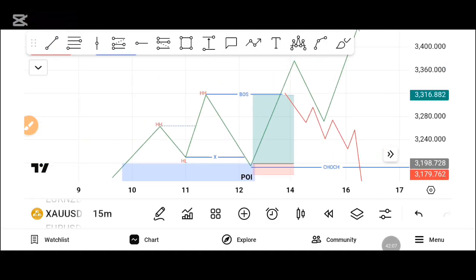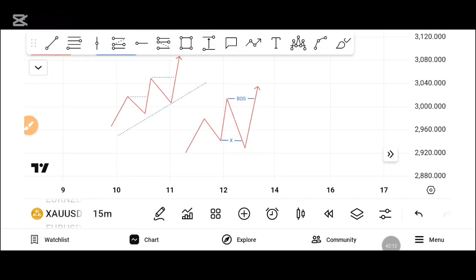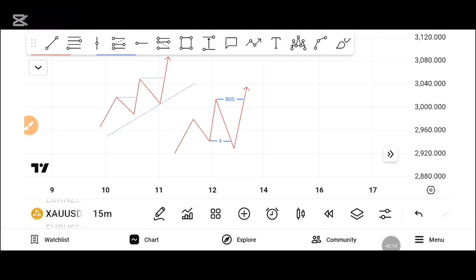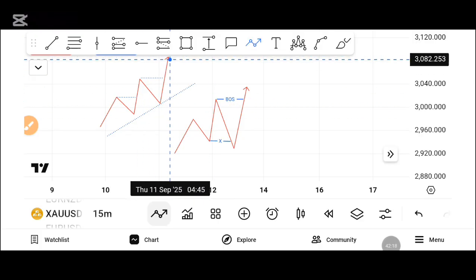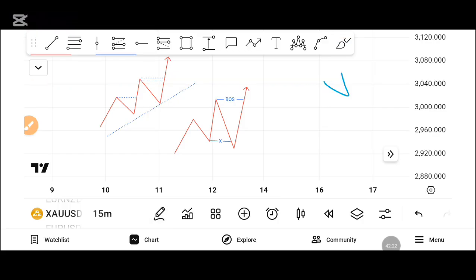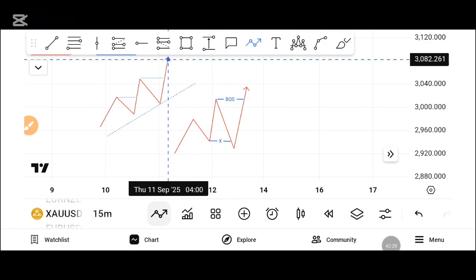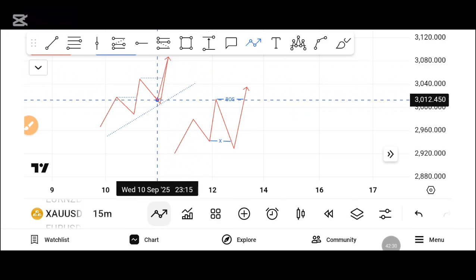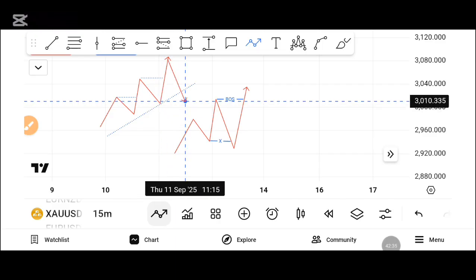Let me explain with this other mapping. If price retraces from this point and breaks this low here, this is not a change of character.